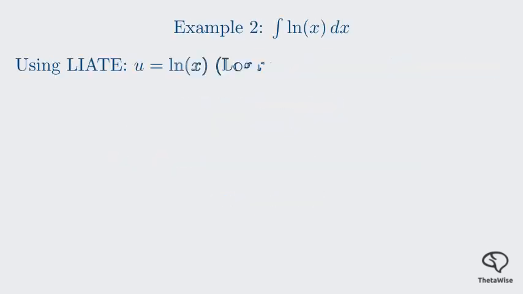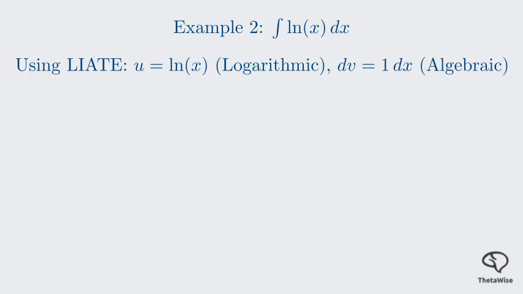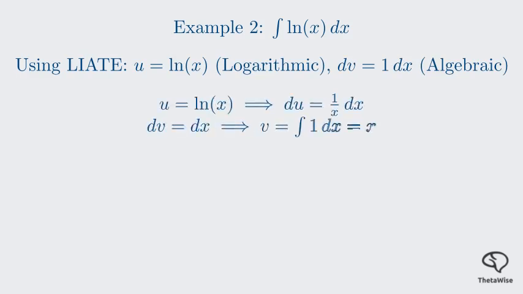Let's try another one, the integral of the natural logarithm of x. This looks tricky because there's only one function, but we can think of it as ln x times 1. Using LIATE, logarithmic comes first, so u is ln x. That leaves dv as 1 dx. If u is ln x, du is 1 over x dx.